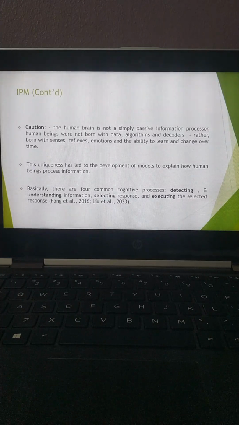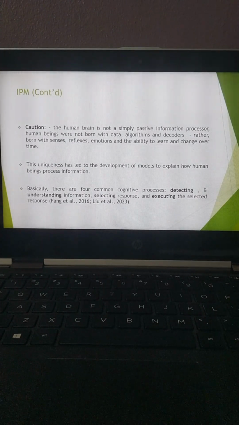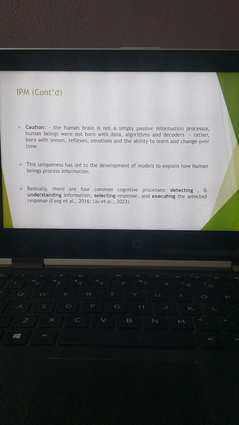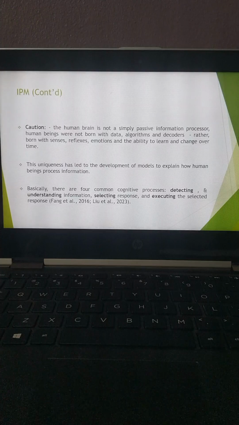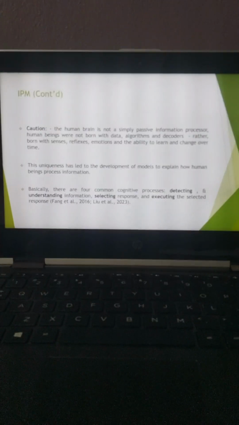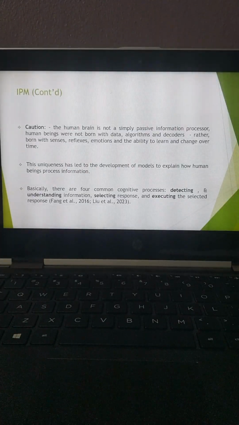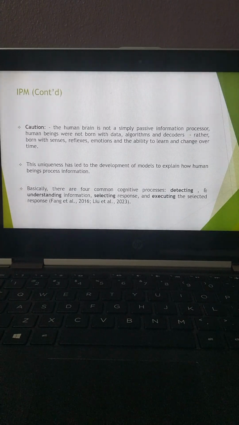When you detect or recognize the information, you make meaning of it, you understand it. This is when perception comes in. Perception has to do with how you organize and interpret the information or stimuli we get from the environment. After understanding the information, we select the response we give. The brain, after getting information, selects the most suitable response for that information. And then, after selecting the response, we execute it.